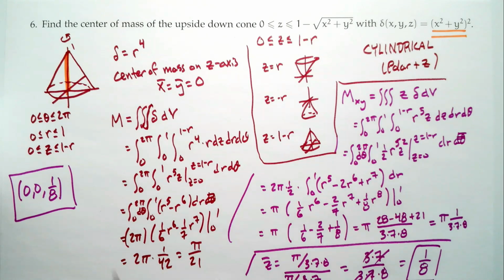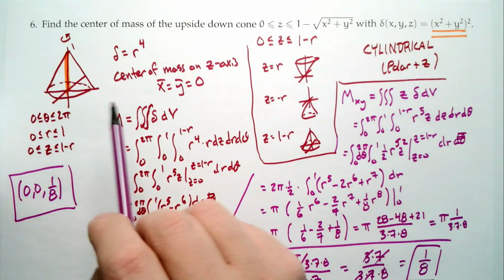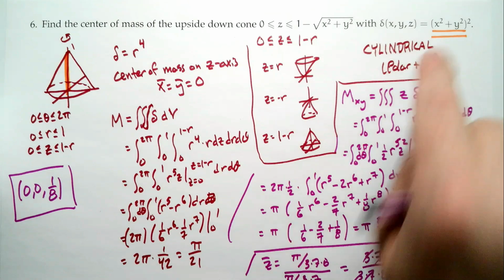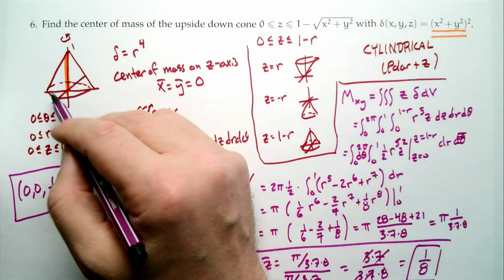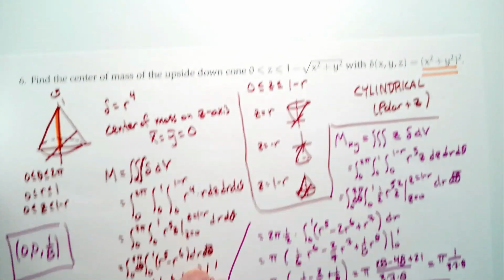And the answer is, well, yeah, because there's really a lot more weight near the bottom, because the weight gets better the further away you get from the axis. And the parts near the bottom, that's the parts where you see more stuff away from the axis. So you should definitely be biased towards the bottom. So this is a fairly reasonable answer. So that's our answer. Good.